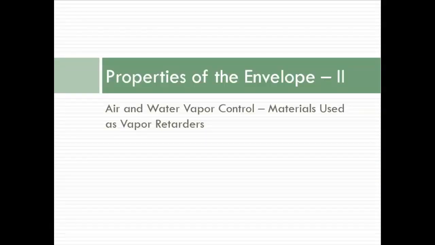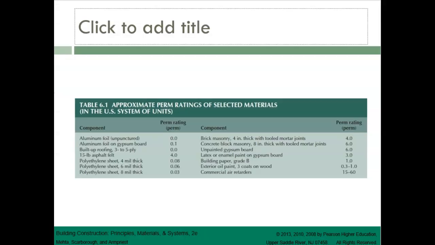In order to eliminate concealed condensation and surface condensation, we have to look at ways or materials that can be used as vapor retarders. Take a look at Table 6.1 in your text on page 156.